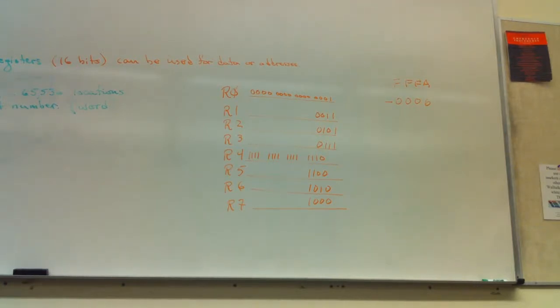Because they wanted some data. These particular numbers don't have any significance except that they represent data that we're going to use to demonstrate how instructions work. That's all. And they wanted some positive numbers and some negative numbers, so they just made some up.